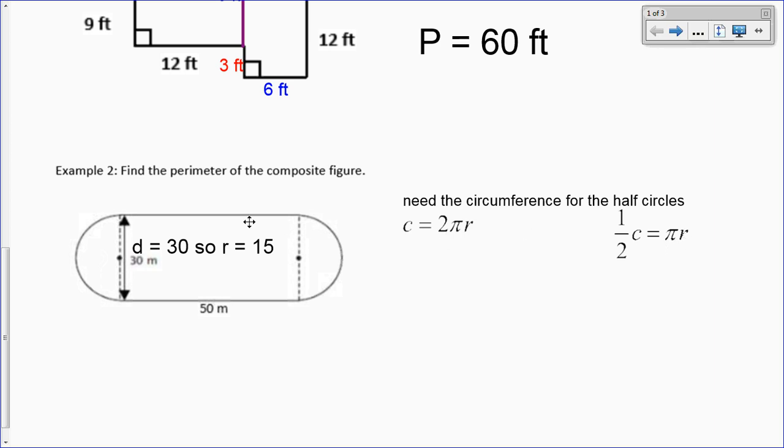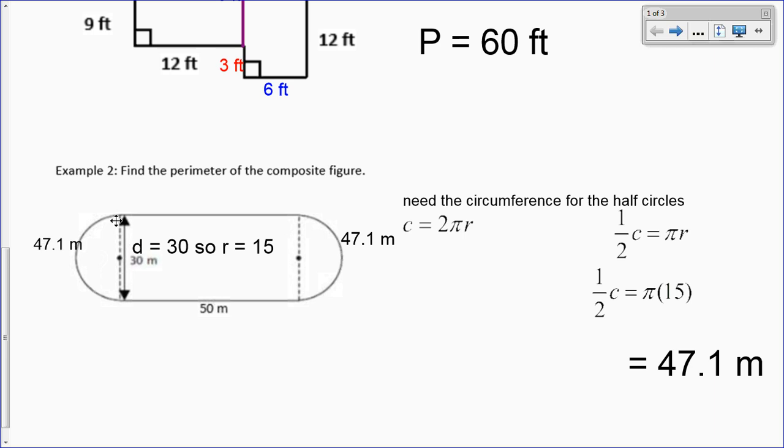Now, the diameter for the circle, they're telling me, is 30 meters. So the radius is going to be 15. So I can plug that stuff in. And for half a circumference, I just multiply this together. I get 47.1 meters. So that means for half that circumference, it's 47.1.